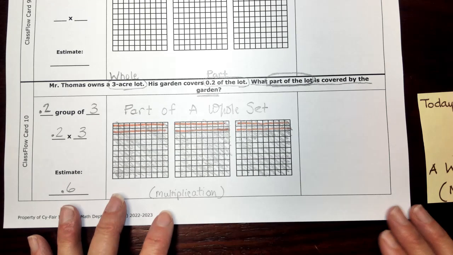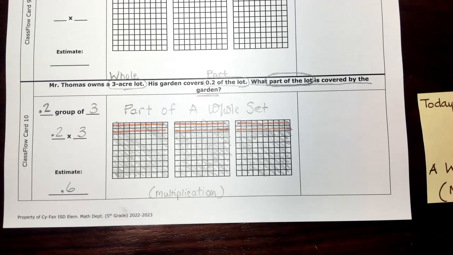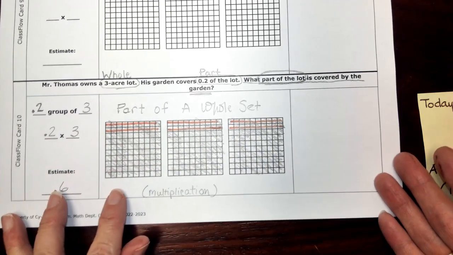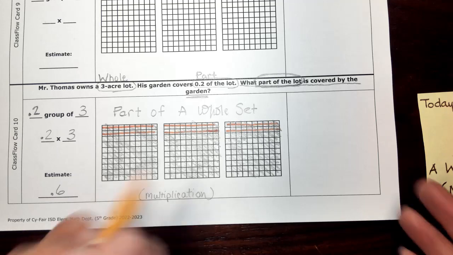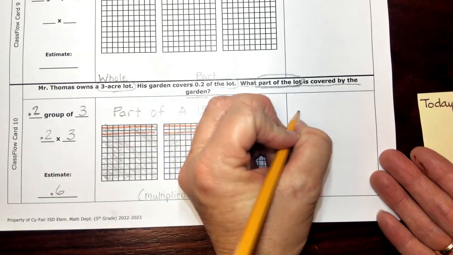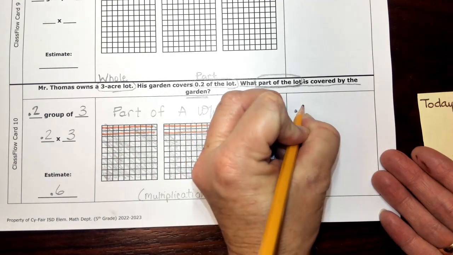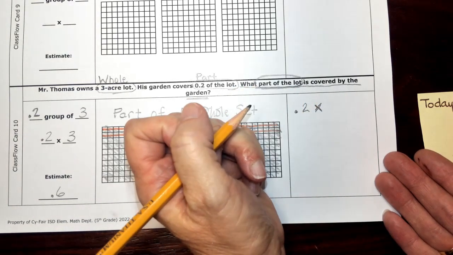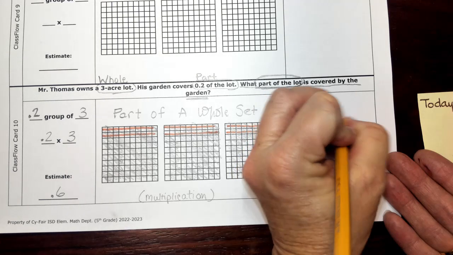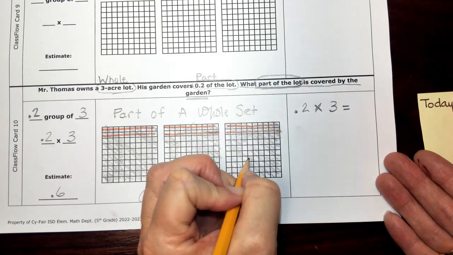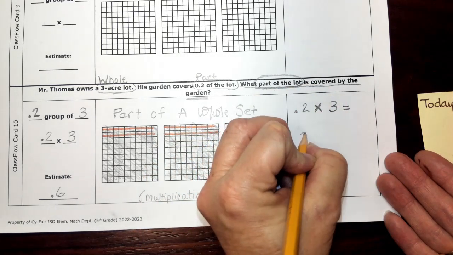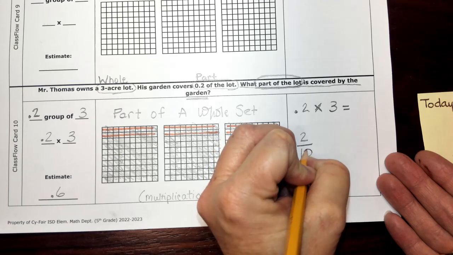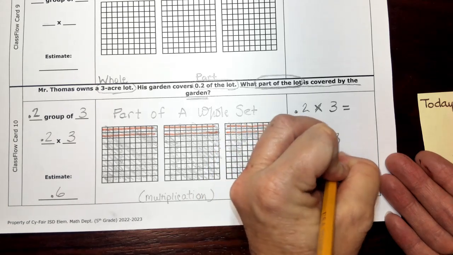Now what I need to do is I need to set this up so that I can relate it to something that I already know. And so writing this out, I'm going to write 2/10 part of, and part of means multiply, the whole number 3. I can relate that to fractions, 2/10 part of the whole number 3.